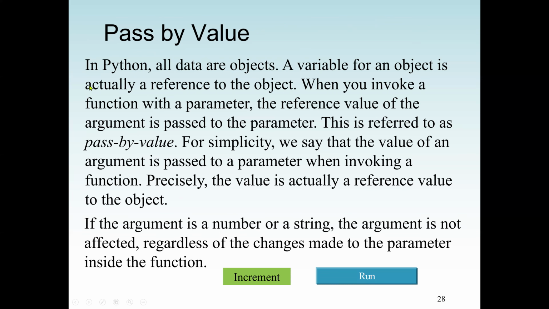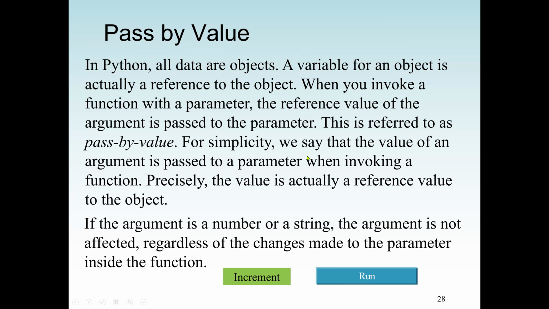So here we say in Python, all data are objects. A variable for an object is actually a reference to the object. When you reference the object, you are using the address. When you invoke a function with a parameter, the reference value of the argument is passed to the parameter. This is referred to as pass by value. We are using the value.